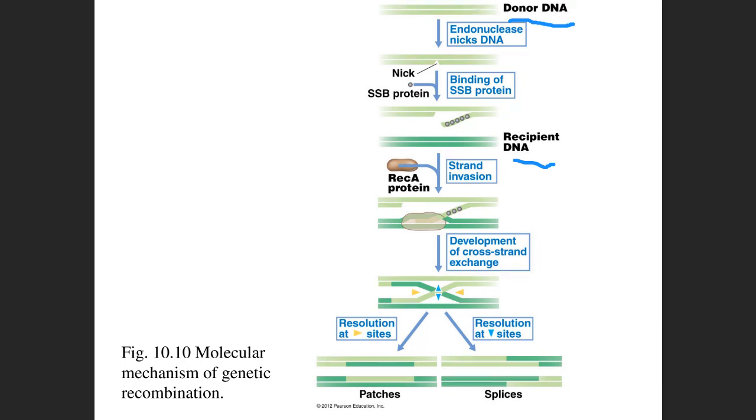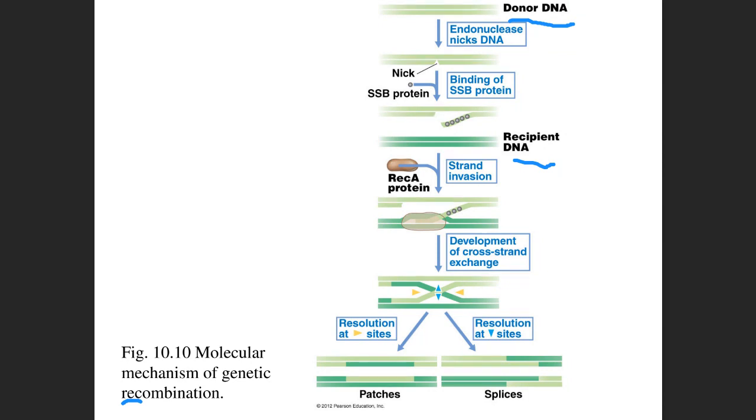And then the donor DNA gets nicked, a single strand cut, not double strand, single strand. And the RecA protein, the one that we just talked about that cleaves LexA, well, the initial function of RecA was first discovered because it's involved in recombination. So you see, RecA, recombination protein A. That's where the protein RecA comes in.